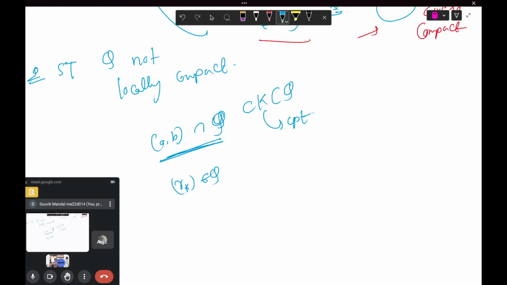The thing is, you are using a sequence, so you need to choose something such that the sequence converges, so that you can use the compactness of the set capital K. You need to choose a sequence which converges at least. Then only we can make an argument. So think about that.